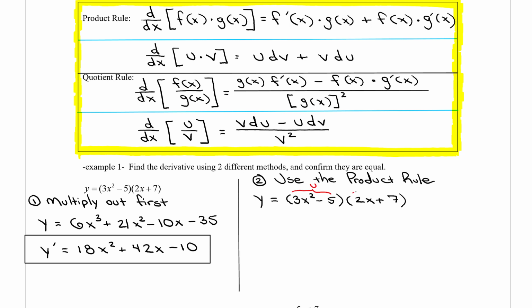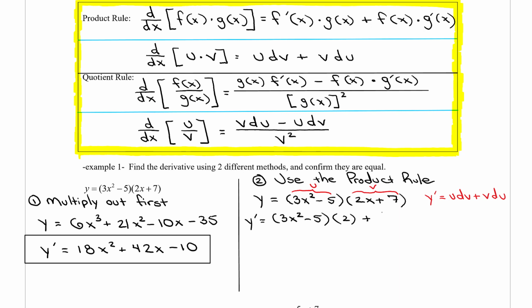Next to that, I have written out the product rule, the second version that I had written earlier, y prime equals u dv plus v du. So y prime is going to be equal to the binomial 3x squared minus 5 times 2, which is the derivative of our second factor, plus 2x plus 7 times 6x, which is the derivative of our first factor, that 3x squared minus 5.